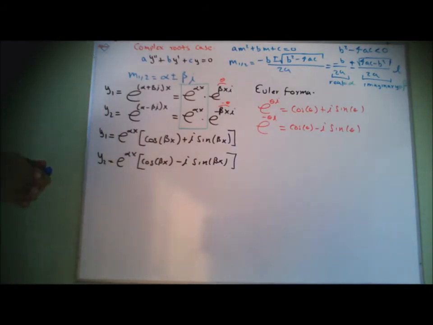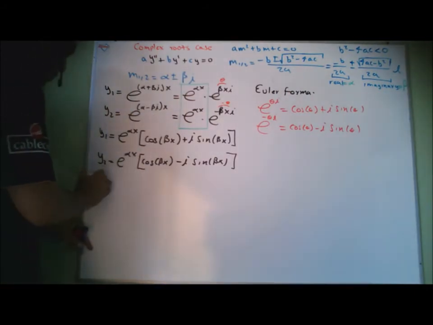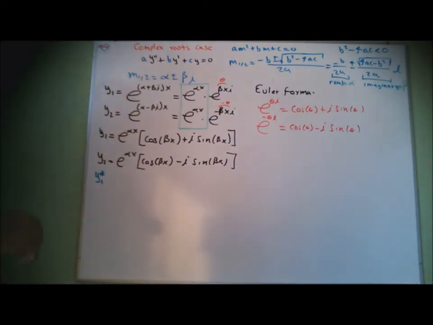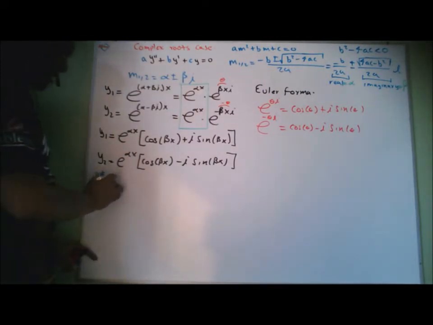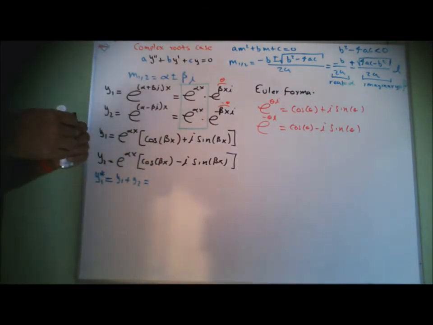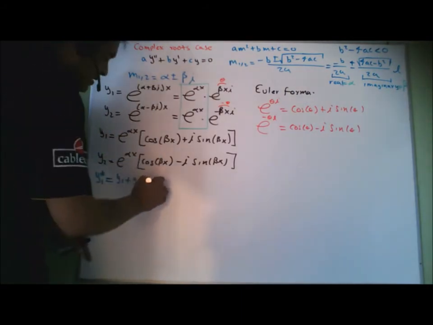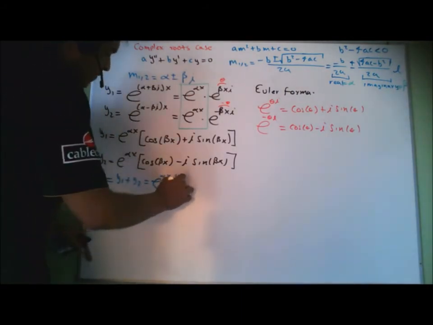Okay, now, how do we get real solutions? What we are going to do is this. We are going to make a new solution, y1 star, out of these two solutions. I'm going to do the first solution plus the second solution. And let's see what happens. If we add these two, the exponential is the same, the exponential of alpha x, we can actually factorize it.